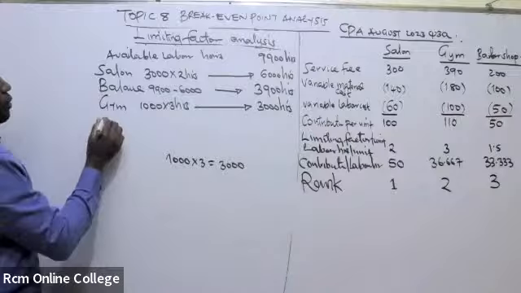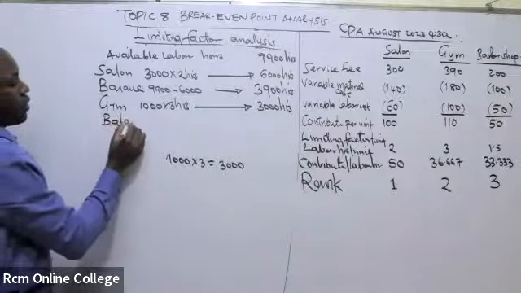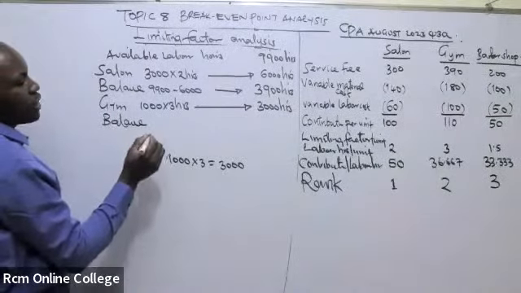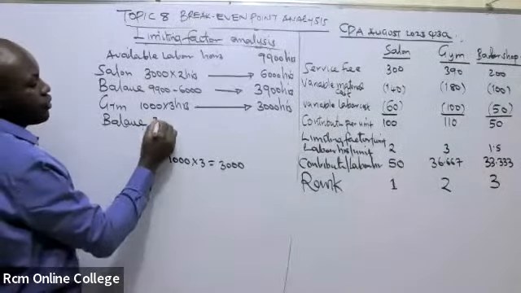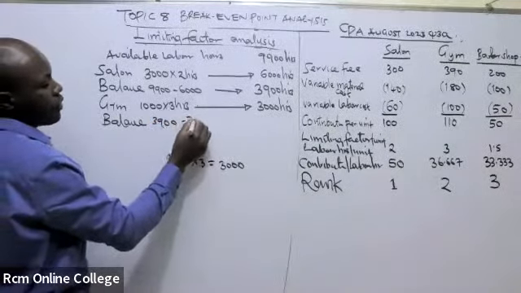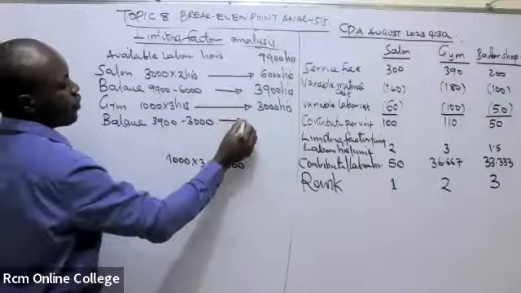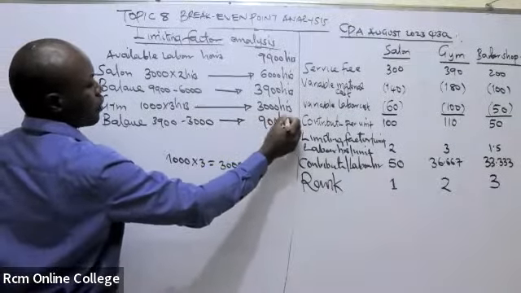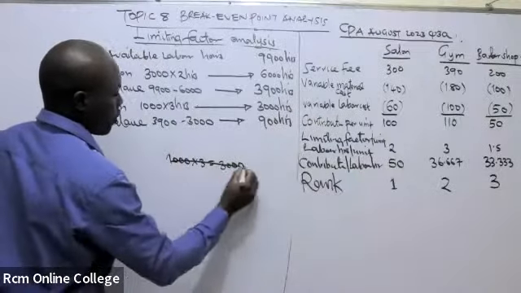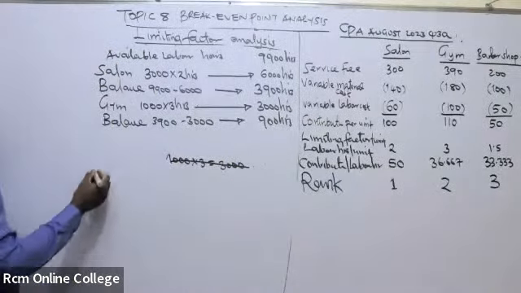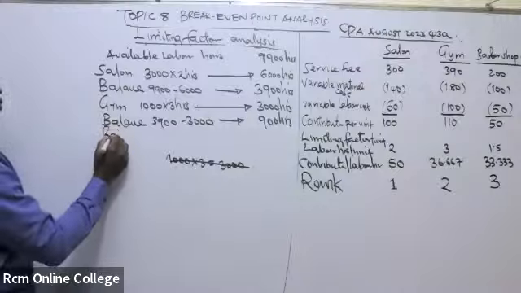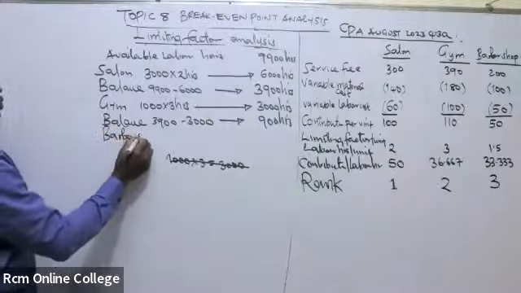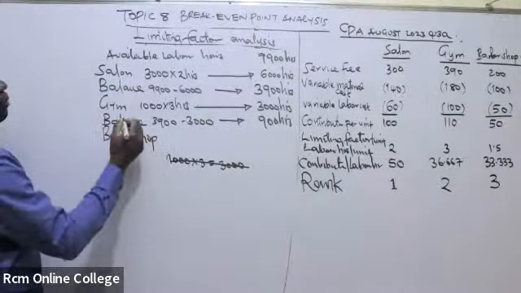Then we now get the balance. So balance will be 3,900 minus 3,000. It leaves us with 900 hours. Then we now go to the barber shop.